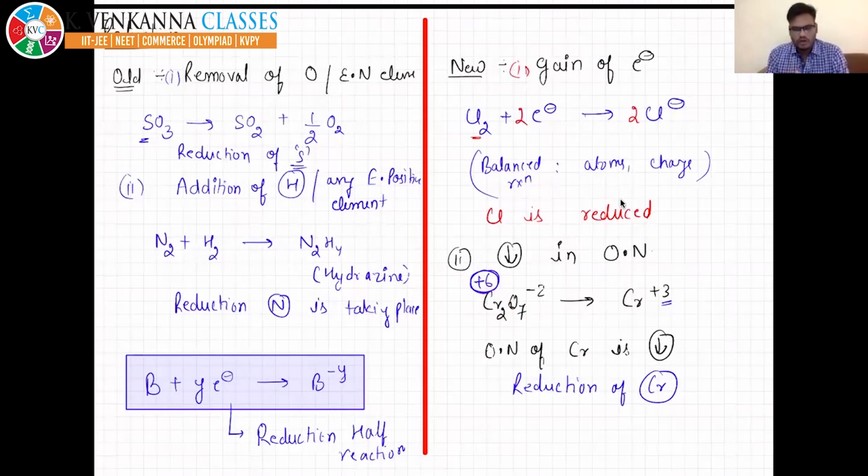So p block and d block elements generally show variable oxidation states, and if it involves a d block element, then for sure the change in oxidation number will come from the d block. This is just a hint, not a rule, just a hint on how to investigate a case, or how to identify which is undergoing oxidation or reduction.